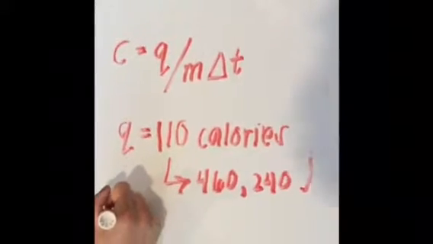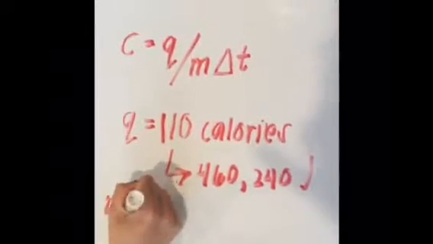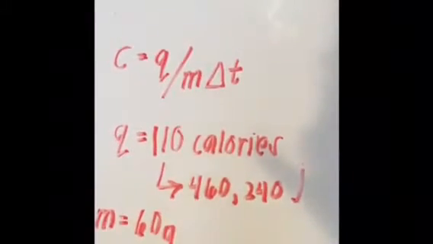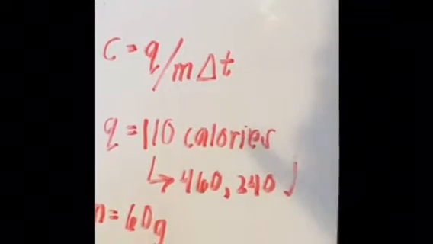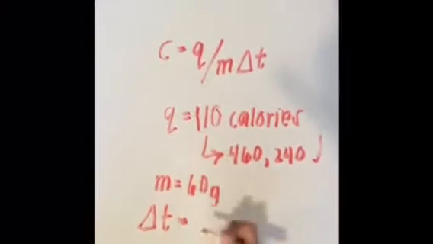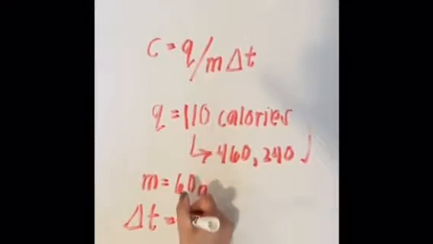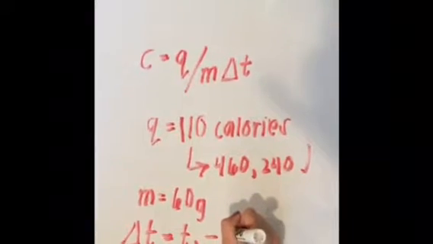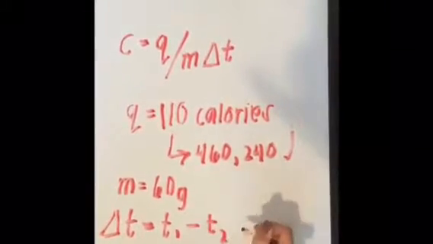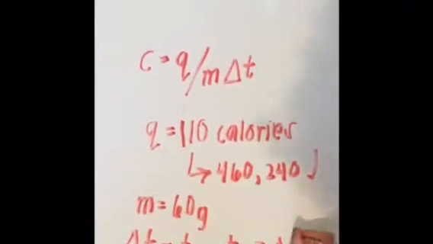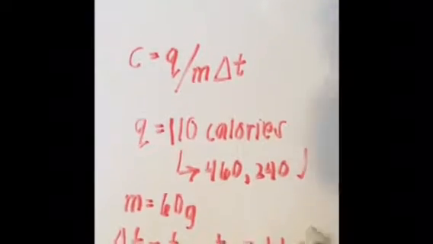And then the M equals the mass, which is 60 grams, and that's what I got from the nutrition label. And then the delta T, you take the initial temperature minus the final temperature, and subtract those, and that will get you the change in temp, delta T.